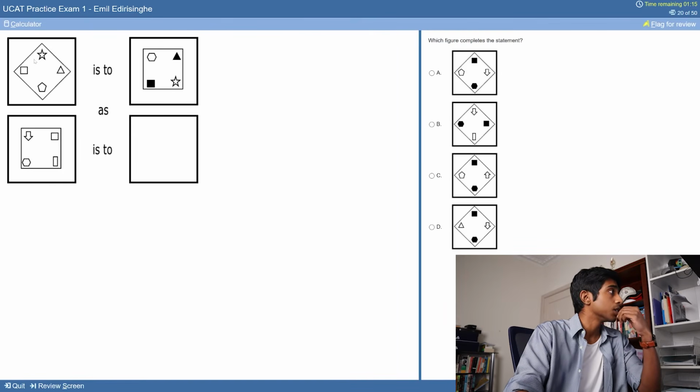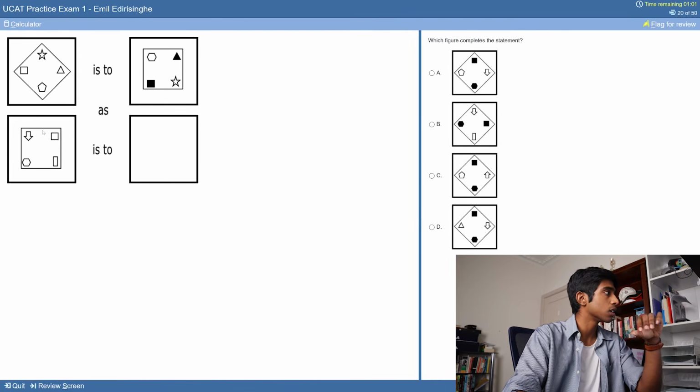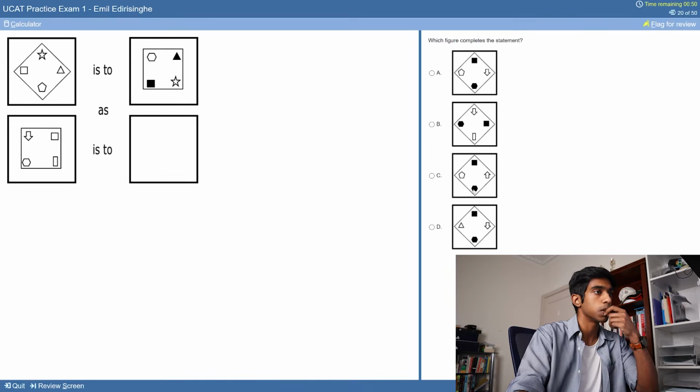Right. So this one, you have the whole shape turns sideways. Square and the triangle switch. Triangle goes black. Square and pentagon switch. And the square goes black. So then you turn it. And then triangle and square should switch. Square should go black. Hexagon should go black and should be in bottom.